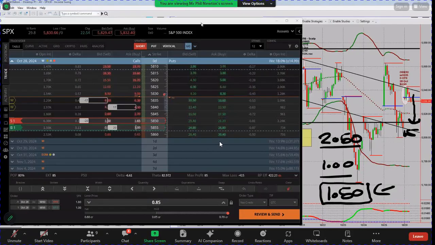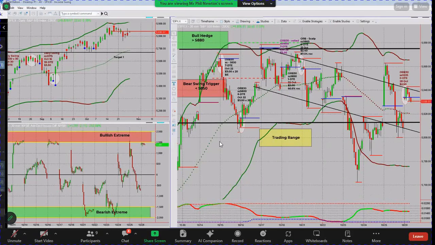So it makes a lot of sense to me to not worry about the maximum trade. We've got the $15 move, and I'm aiming for $1.50. Perfect. That's what I'm looking for.